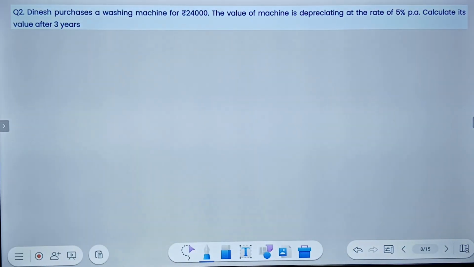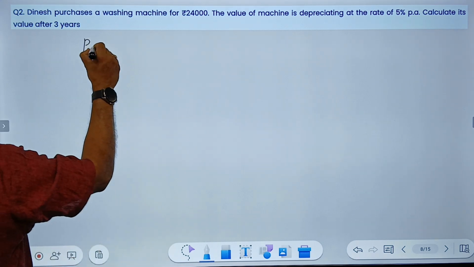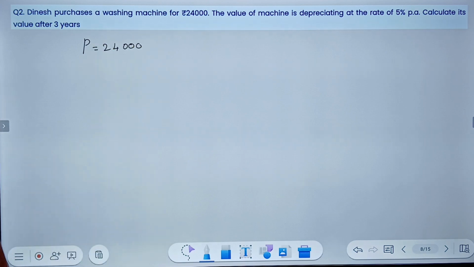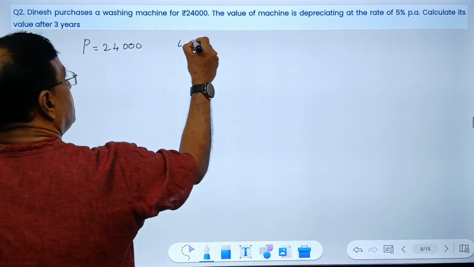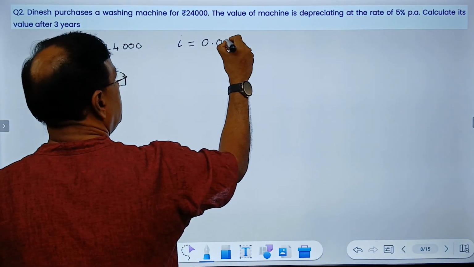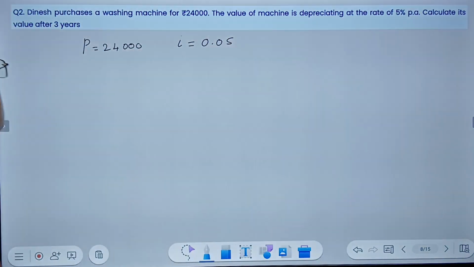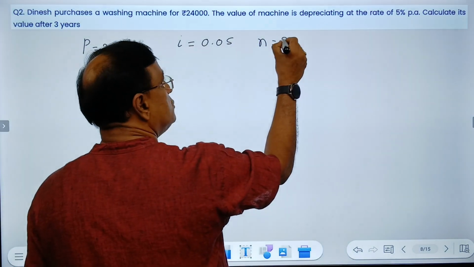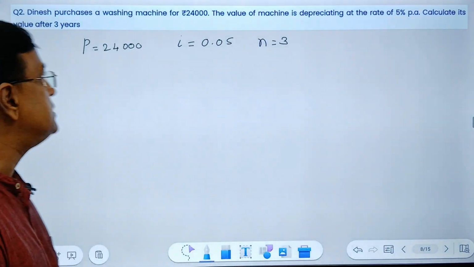Dinesh purchased a machine for 24,000. So the price is 24,000. The value of the machine depreciates at the rate of 5%. So once again it is 0.05, just like the previous problem. And the useful life of the machine is 3. There it was 2, here it is 3. That's the only difference I see.